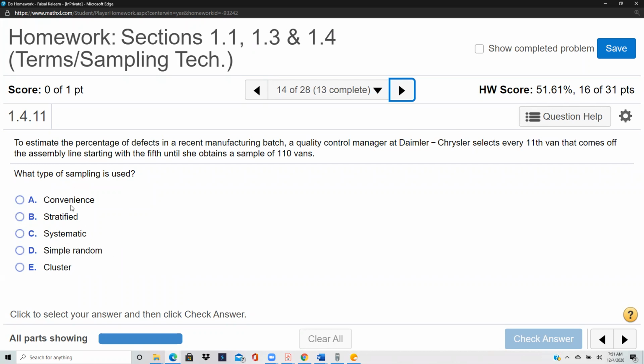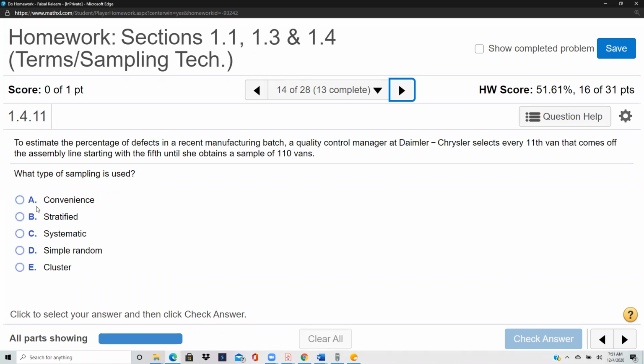So the 5 techniques mentioned here are: first is convenience. That's a lazy person's approach where you just take a convenient sample. In the example I gave earlier, suppose we are interested in the average heights of all the ULM girls, and we want to take a sample of 50 girls.